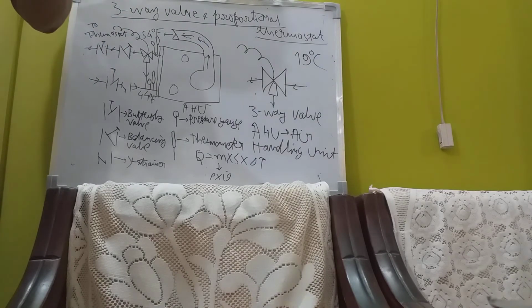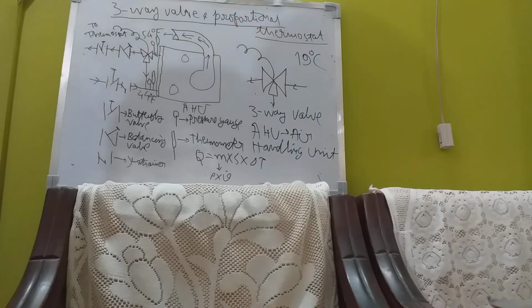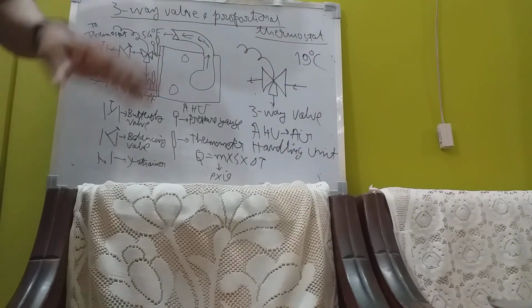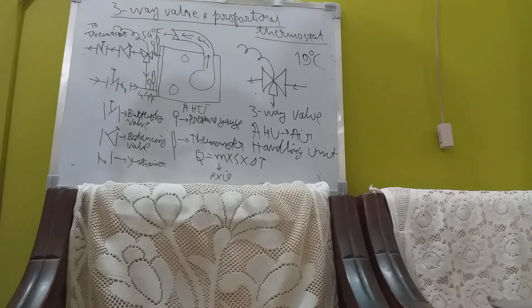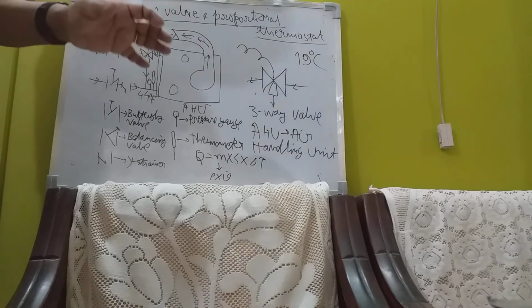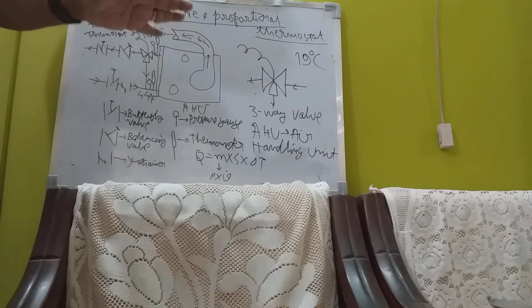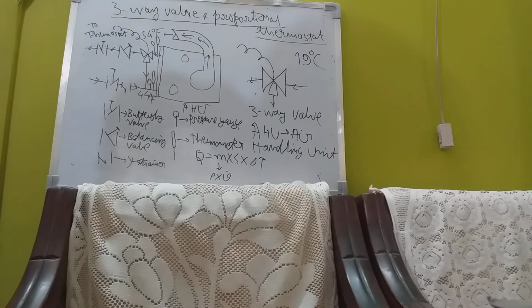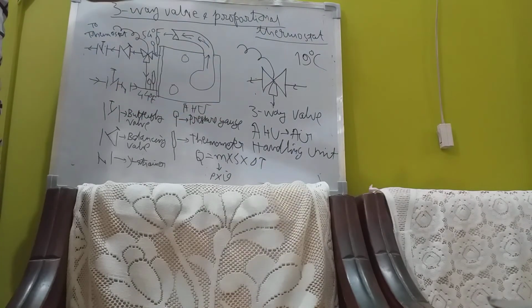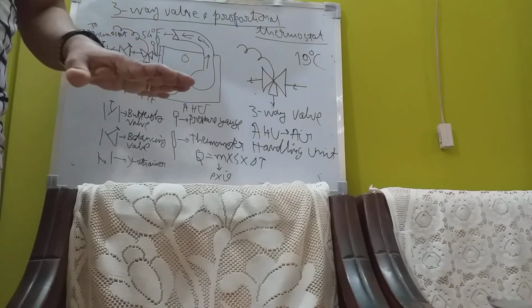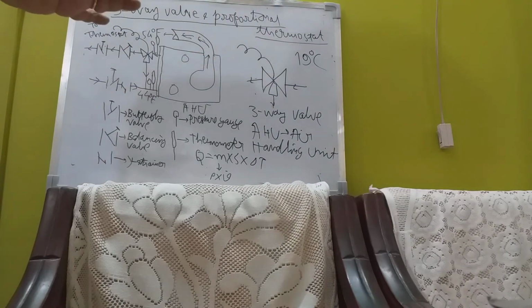FCU is of what tonnage? An FCU is generally a maximum tonnage of 2.5 ton. It comes in 1.5 to 2.5 ton in a central air conditioning system. And it is generally used in big buildings where small rooms are there, where central air conditioning is there, to save the power cost.